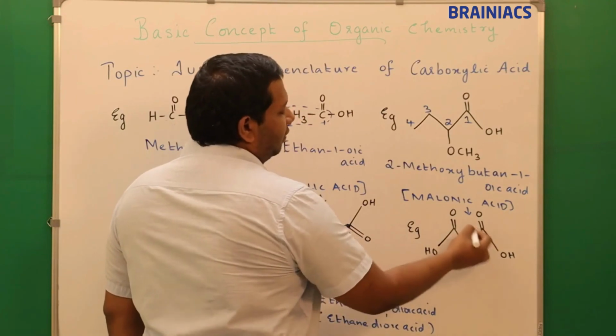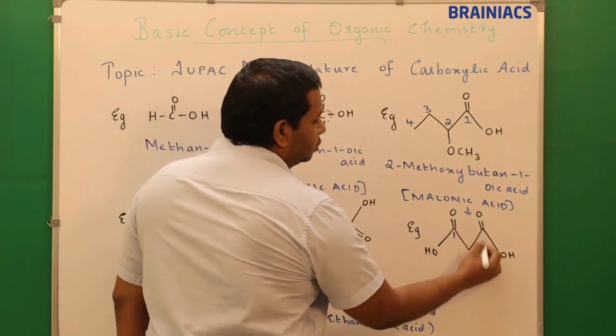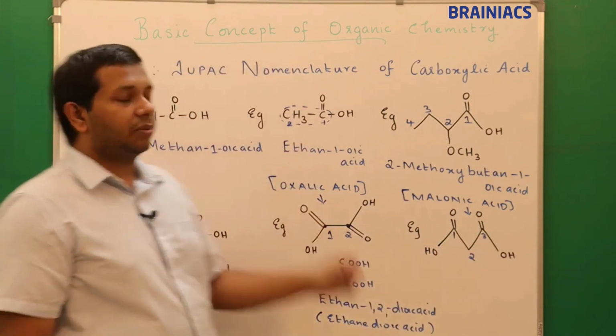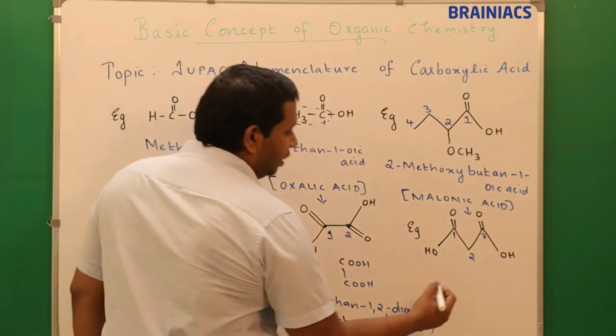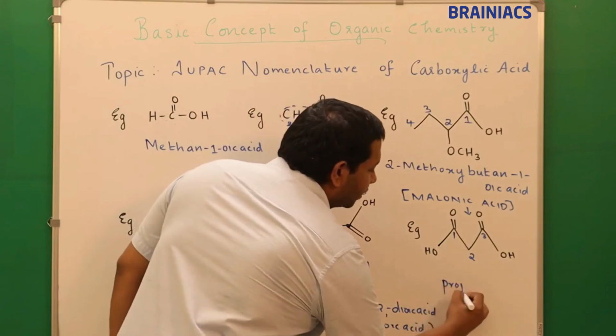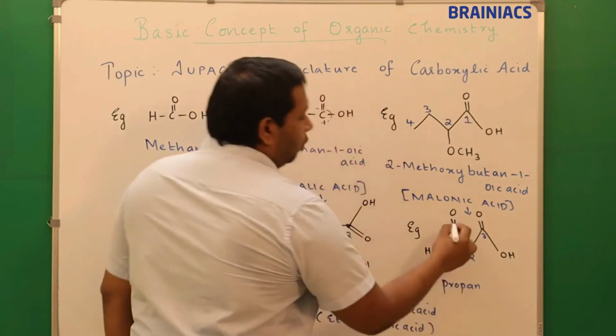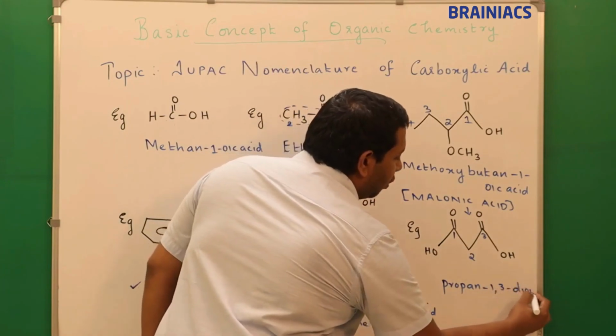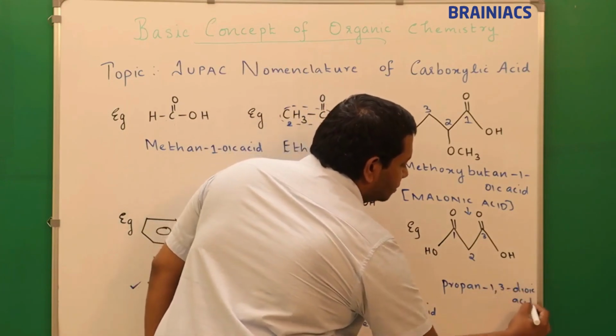If I number it from either side, it remains the same. So 1, 2, 3. How many carbon atoms are there? 3 carbon atoms, so the term should be prop. They are connected by single bond, so propane 1,3-dioic acid. Correct.